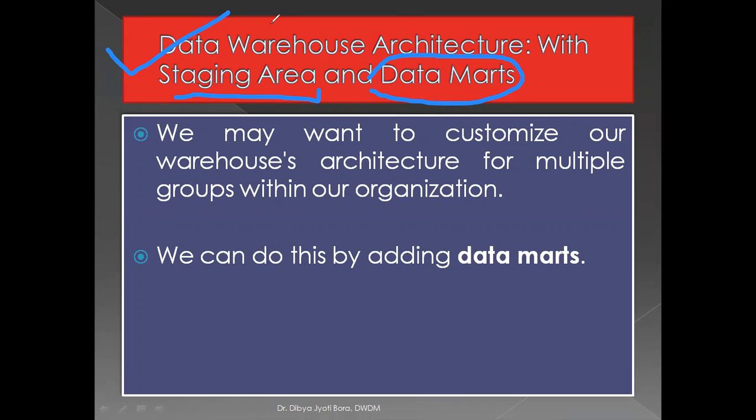So what we are doing in this three-tier architecture is customizing our data warehouse architecture for multiple groups within the same organization. For that, we add data marts. Those subsets are nothing but your data marts.